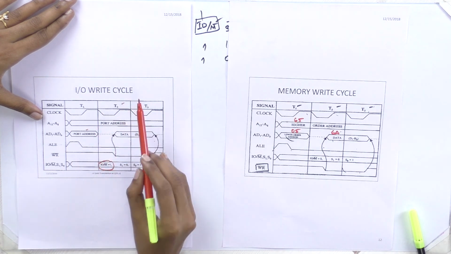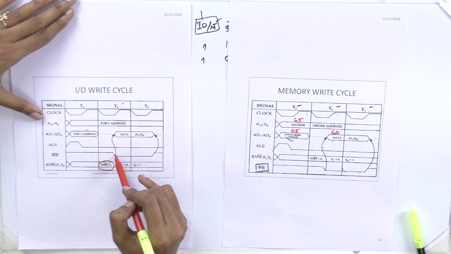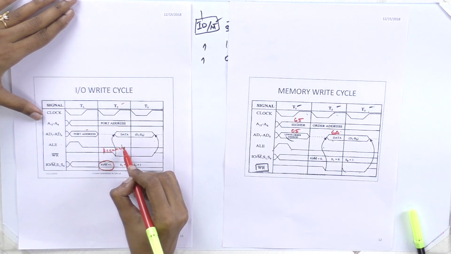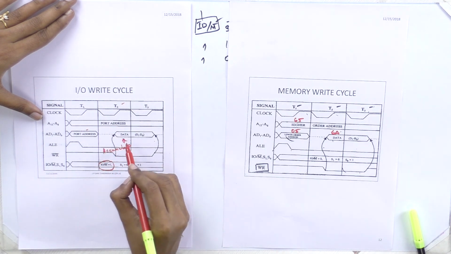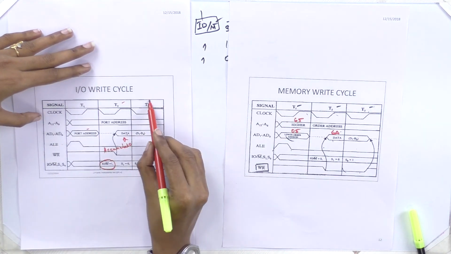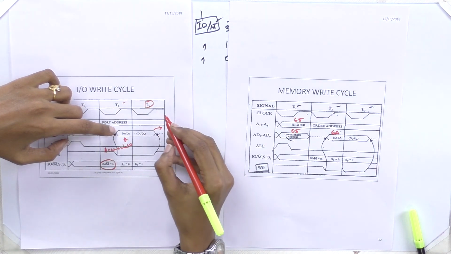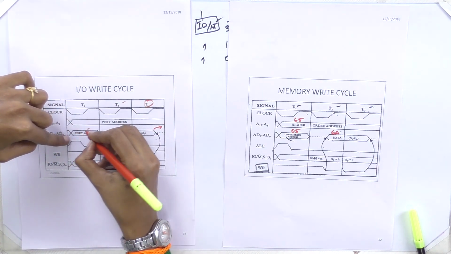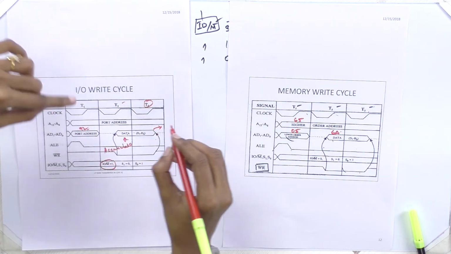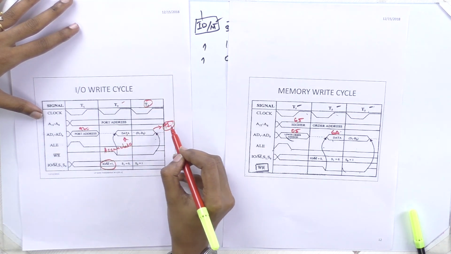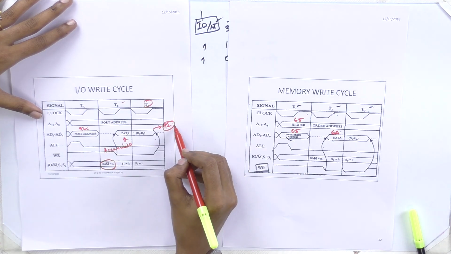At T state 2 it takes the value from the accumulator and puts it in the data bus. At T state 3 the value in the data bus is written into the port address that we know here. For example, if we have 92 as a port address, the value in the data bus will be written there, which means this value is given to the output device.